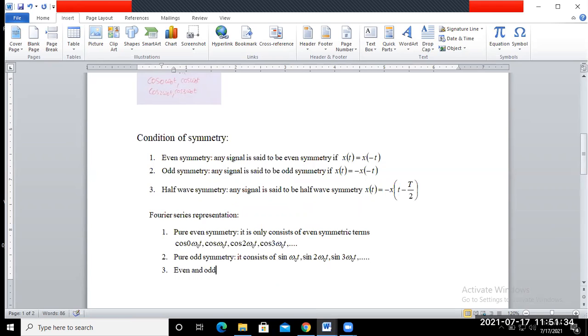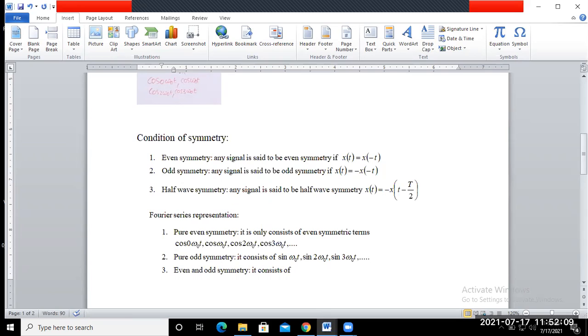So it consists of even symmetry of odd harmonic terms.